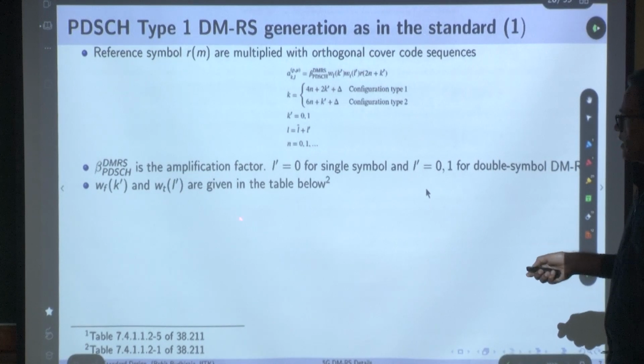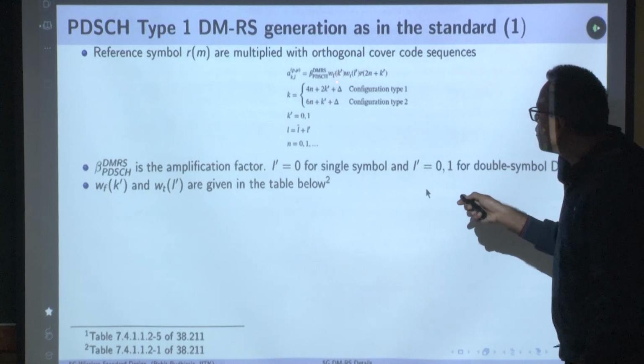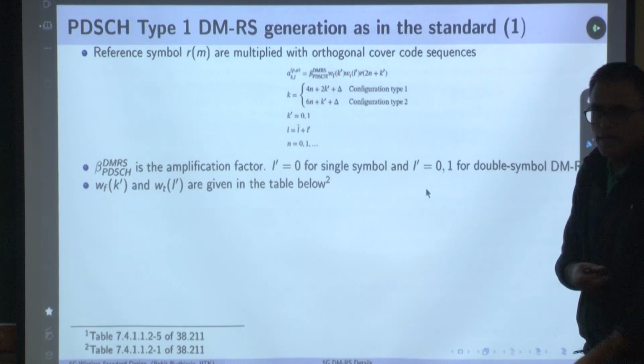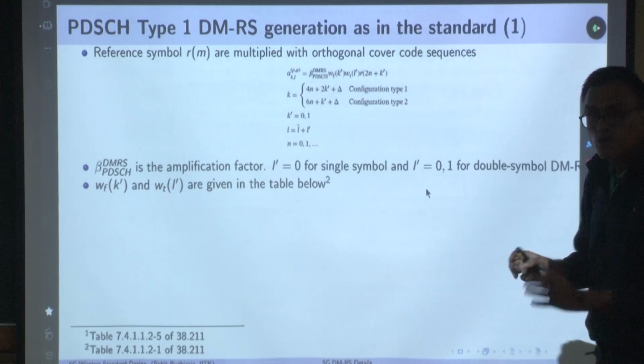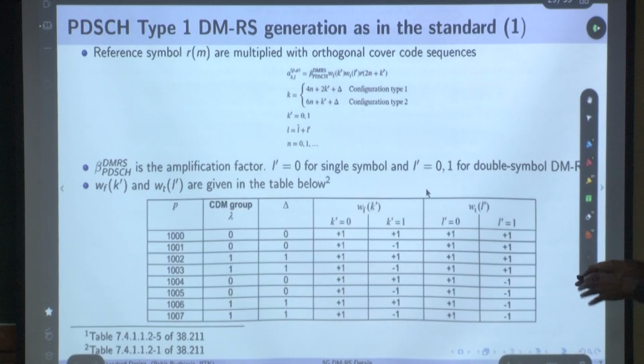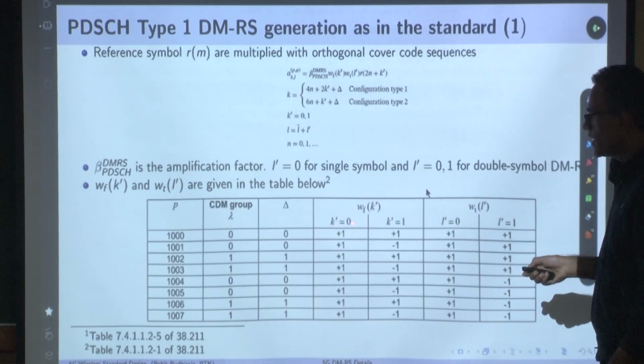And what are WF and WL? WF and WL are the codes, a part of the codes, that's how they are defined.